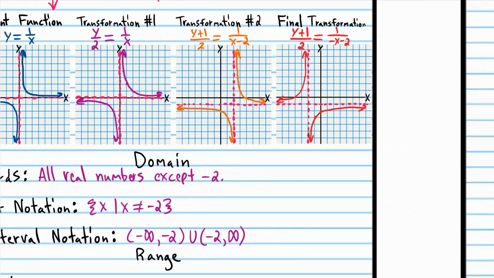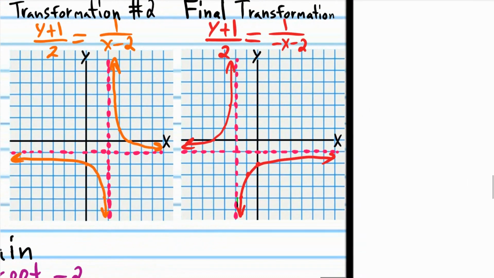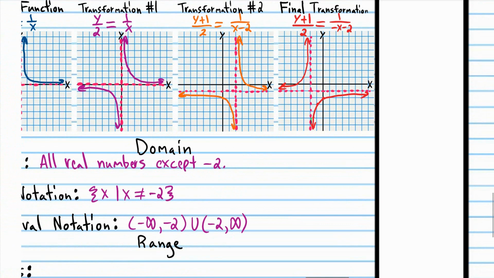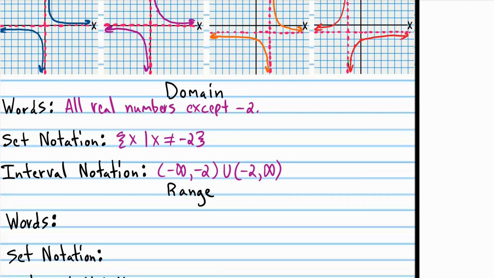So there you go. The range is restricted by this part of the graph here. There's no points on the graph that have a y value of -1. So that's the only y value that's not in the range.